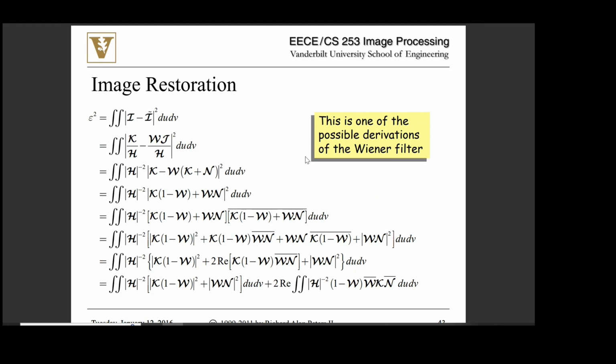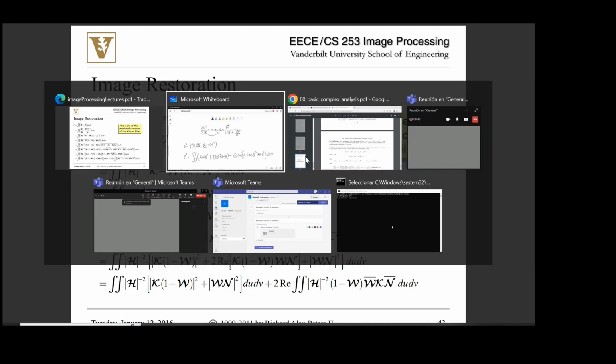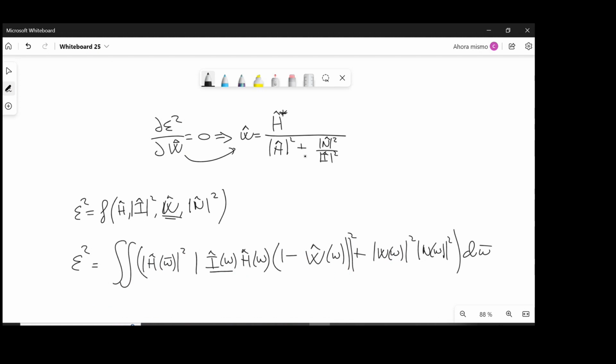And the trick is that you don't need the ideal. What you need is the power spectrum of the ideal. You don't need the ideal image, but its power spectrum. So all you need is an estimate of the signal to noise ratio at each frequency. You don't need to know the specific function, but you need to know the signal to noise ratio. That you need to know.